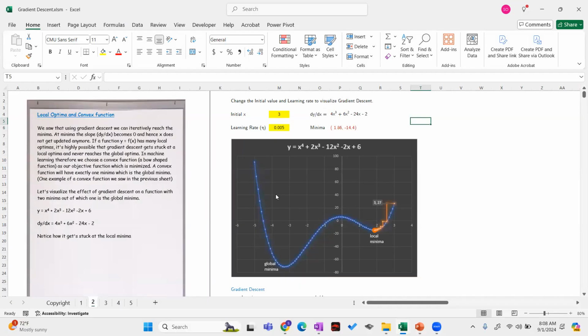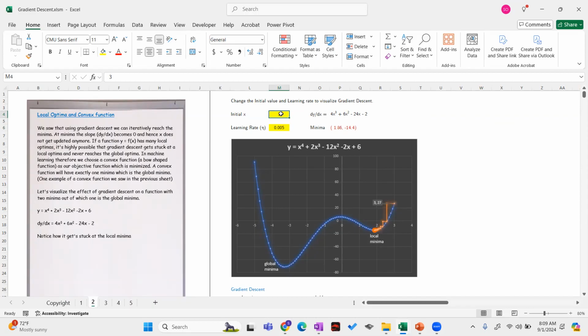So that's why we don't normally choose functions like this as an objective function. We try to avoid this scenario, so we only choose convex functions. So this is to show you that my initial guess is at 3, and it is stuck at a local minima. It's not understanding that it needs to go here.